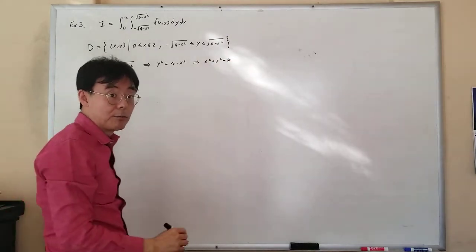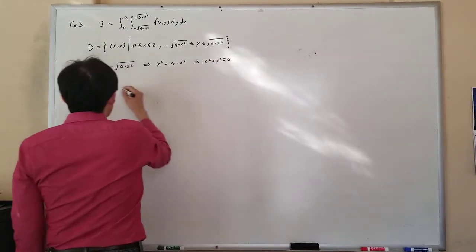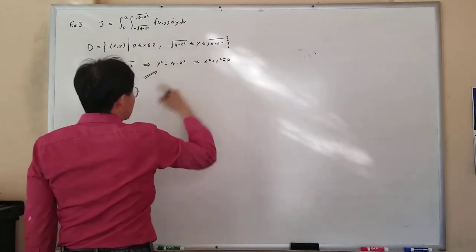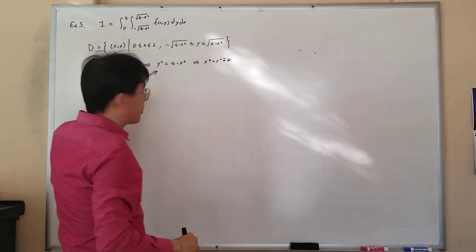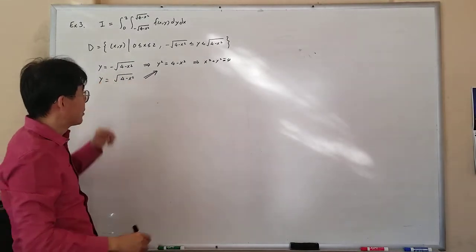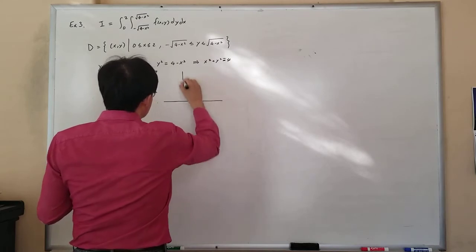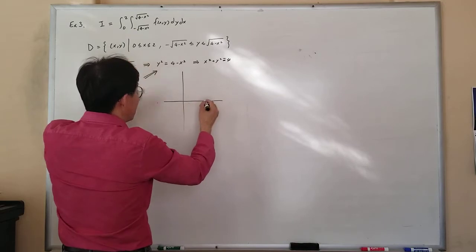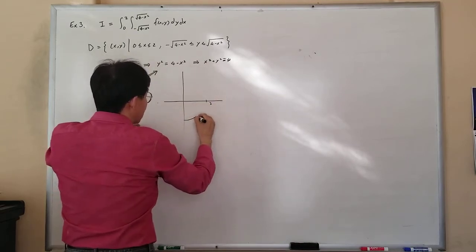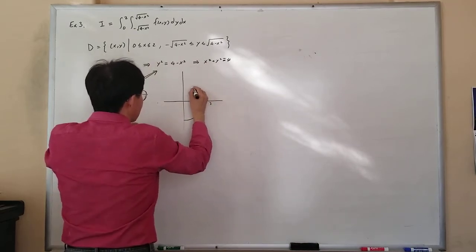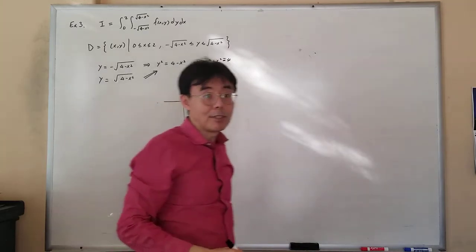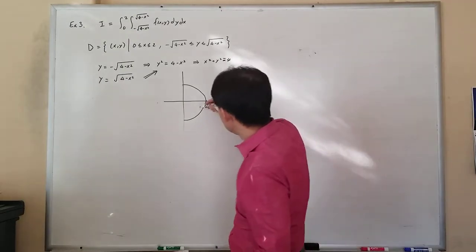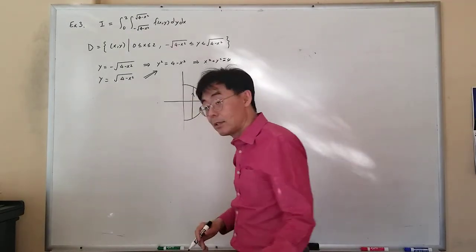It's a circle with radius 2. Y equals the positive one is also the same thing. So you get this circle. This is the upper semicircle because it's positive, and that is the lower semicircle. So x runs from 0 to 2, from the lower semicircle of radius 2 to the upper semicircle. So this is a right half circle of radius 2 centered at the origin. This is the way we analyze it.